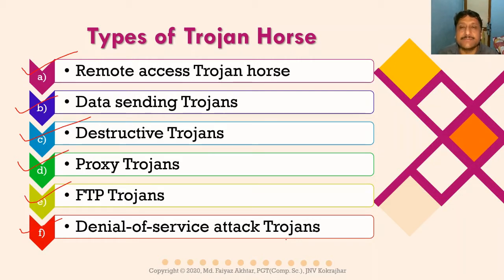Second, check your pen drives and external devices, whatever devices you are connecting, before using them. And there are so many other safety tips we have given you earlier, which can be applied to prevent Trojan horses from accessing your computer.